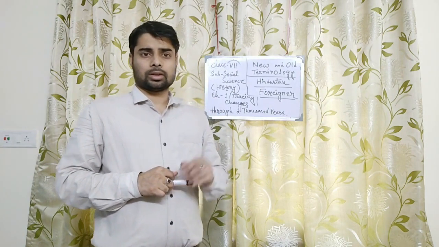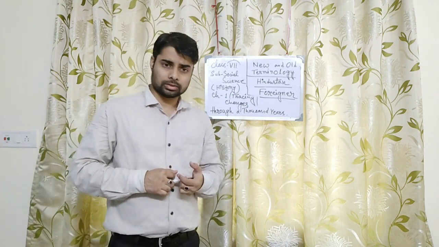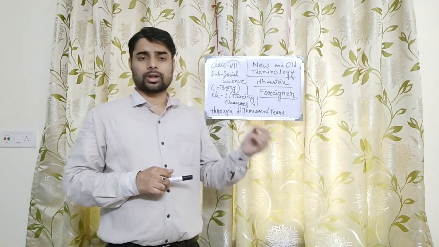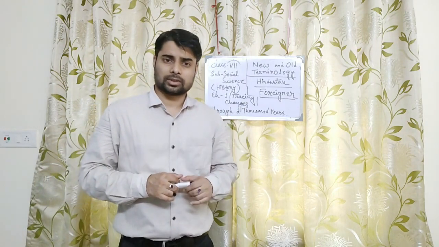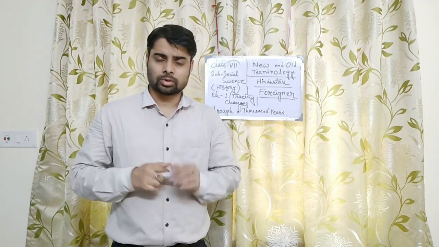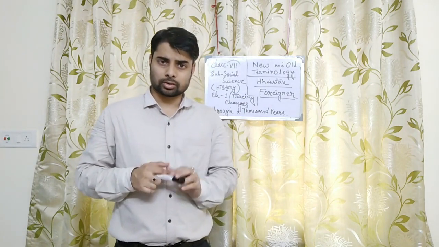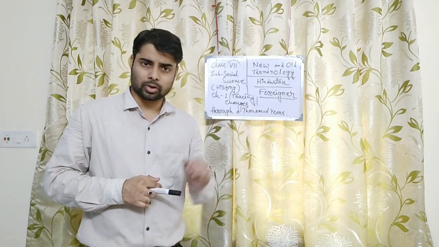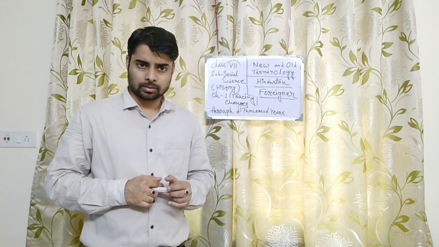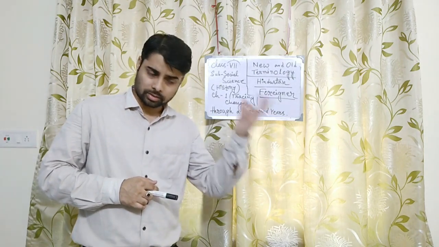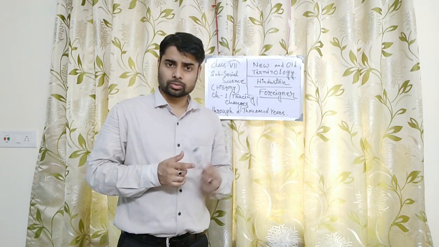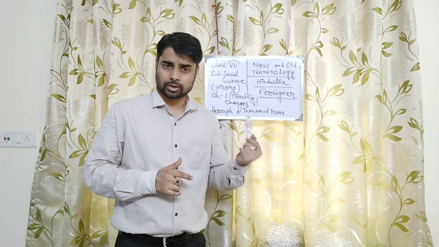Suppose in the medieval period, if someone came from Kolkata to Burdwan, that person was known as a foreigner to the people of Burdwan, because he did not belong to the city.